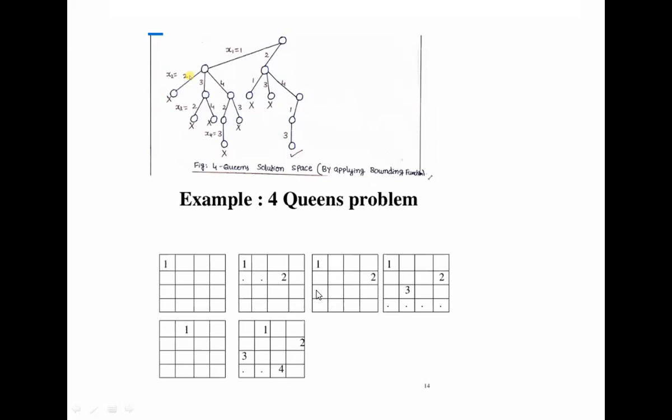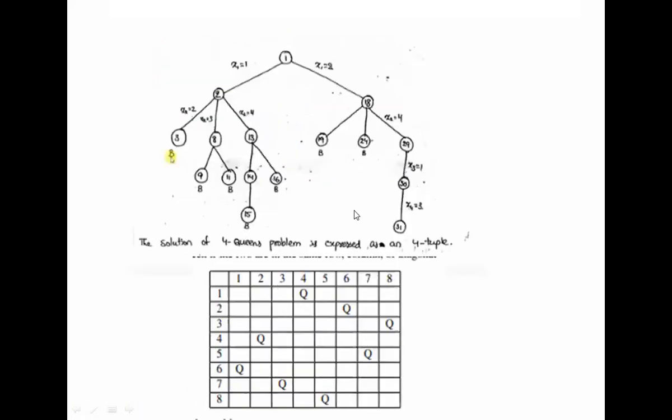Okay, clear? Students, what is the other solution here? 2413 is one solution. Just reverse it: 3124 is also our solution to the given problem.